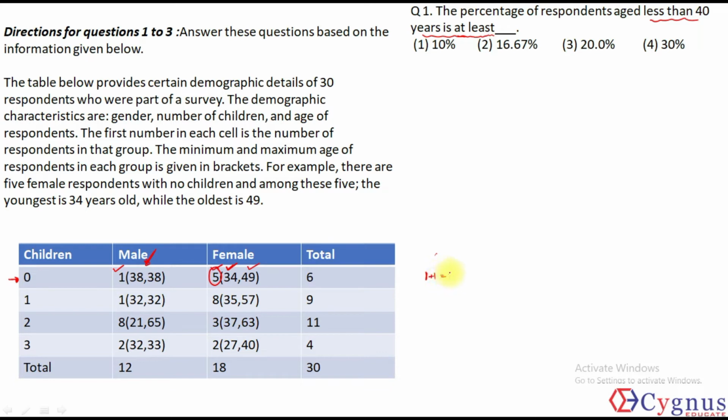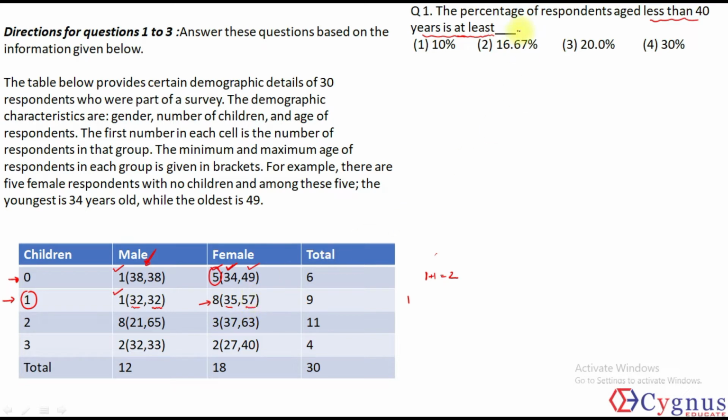That makes 2. If you look at the second row, 1 child. How many males have only 1 child? Only 1, and the minimum age is 32 and maximum is 32. So I cannot do anything here. This male is less than 40 years. Females, the 8 females who have only 1 child, and the minimum age is 35, maximum is 57.